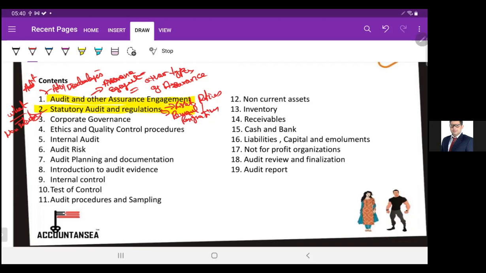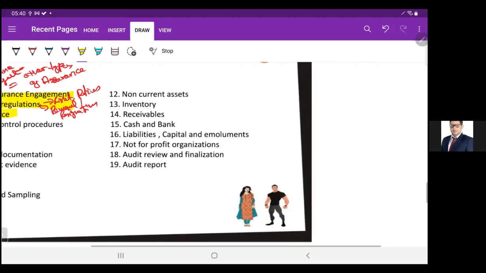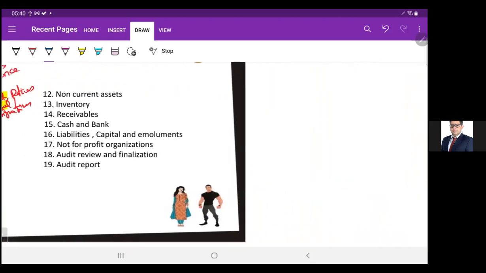The next chapter is related to corporate governance. The corporate governance chapter includes what is corporate governance, and who is involved in it.